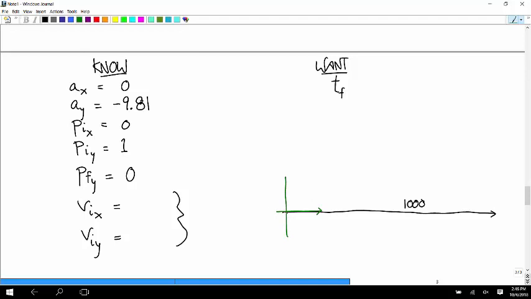But so this is the tail of the vector. It's completely on the positive x-axis with a magnitude of 1,000. So what are the coordinates of the head of this vector? What's the x-coordinate? 1,000, positive 1,000. And what's the y-coordinate? 0. And so the velocity vector is positive 1,000 for x and 0 for y. Yep.